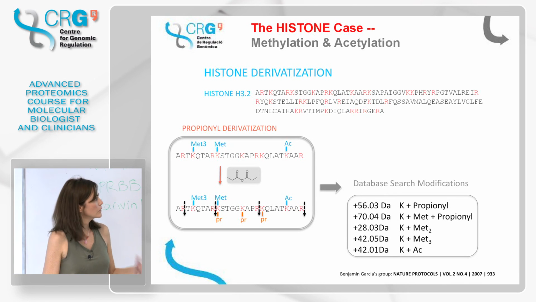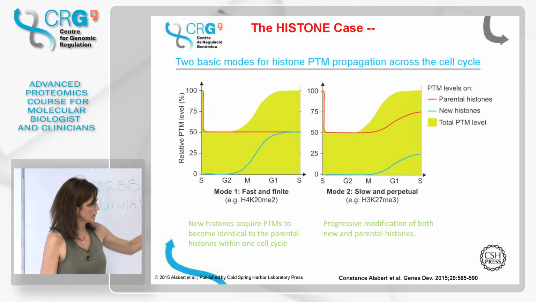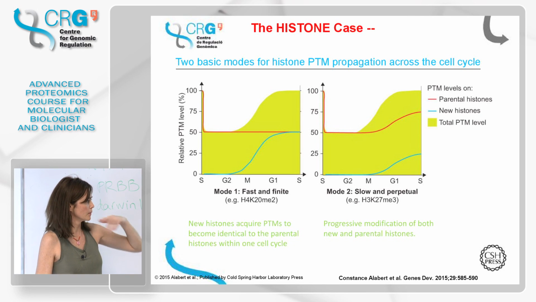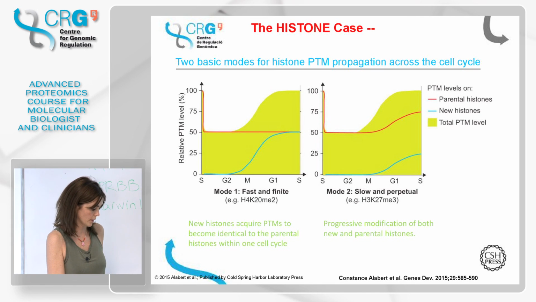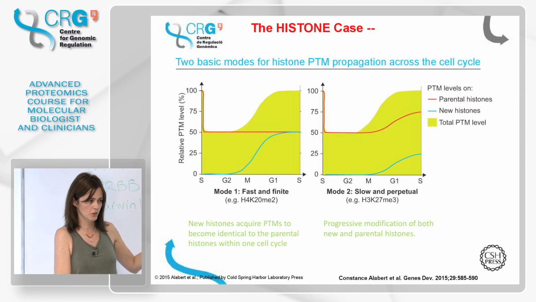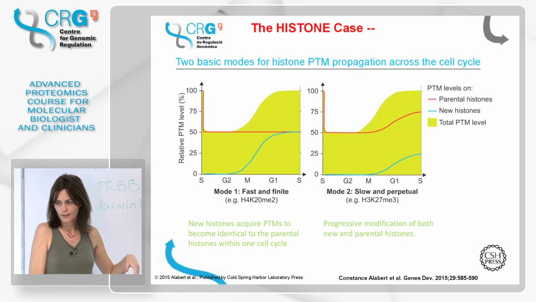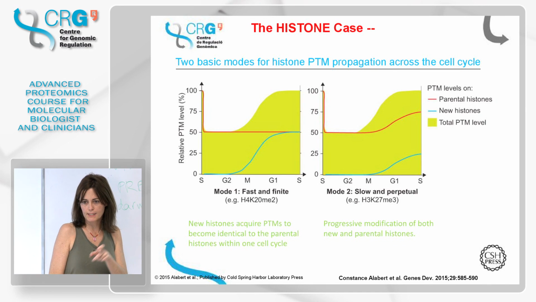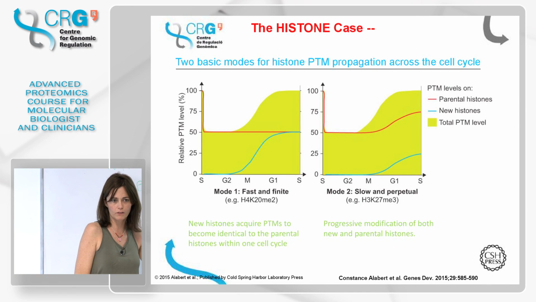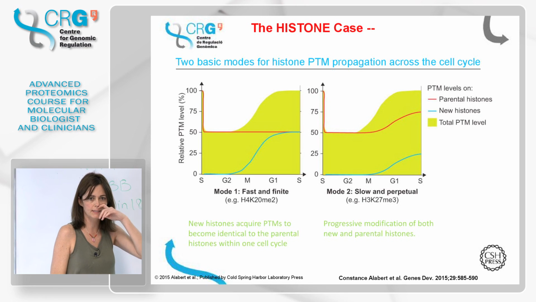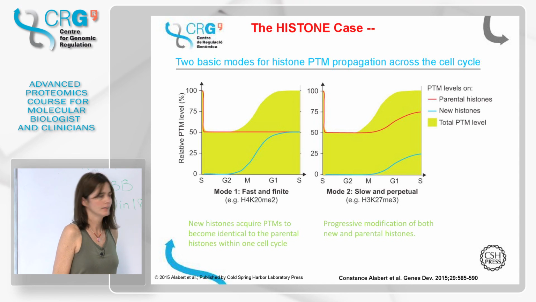Just because of the time, I'm not gonna go through this paper, but you can look at it. Just to mention, they studied how the information of these PTMs is transferred within a cell cycle, which is very important for epigenetics, how this histone code is propagated.